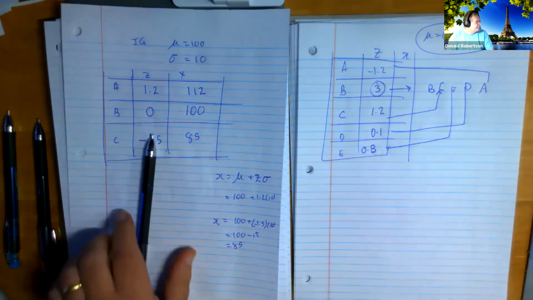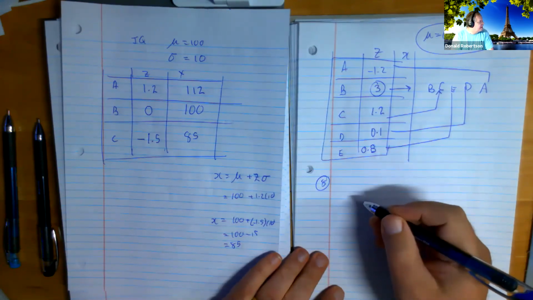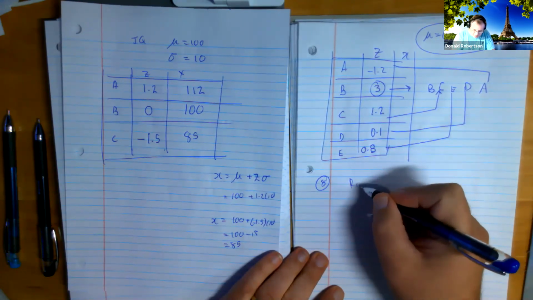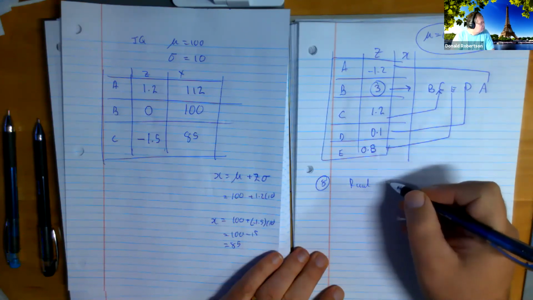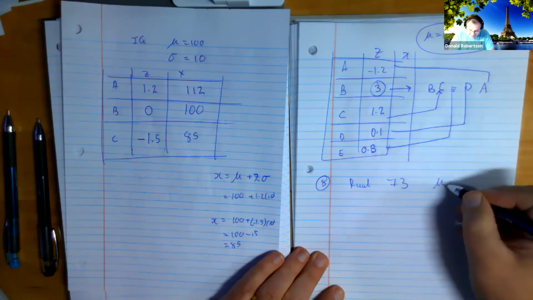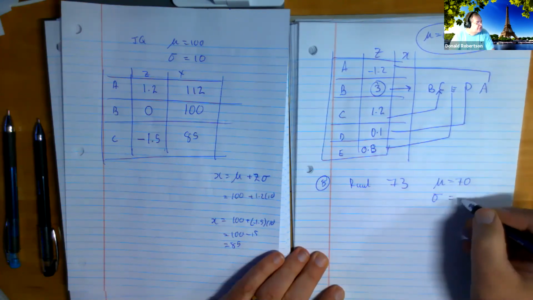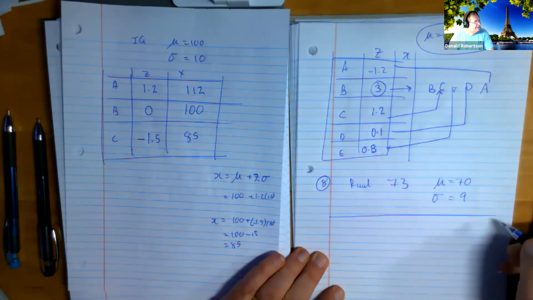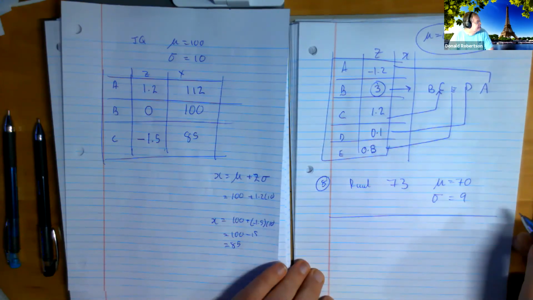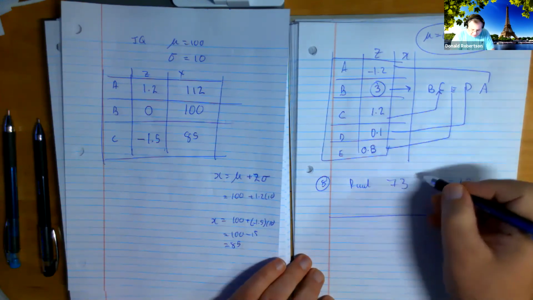Now, this is me looking at the homework. This is question 8. We all got 73 in a test. And the mean in his test was 70. And the standard deviation in his test was 9. In his history.